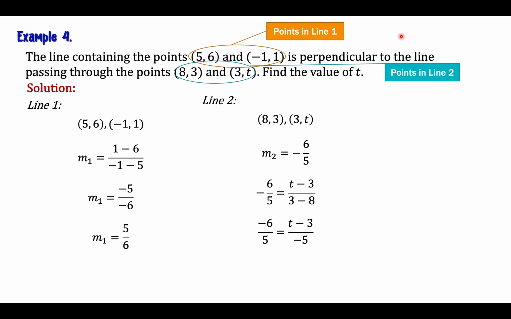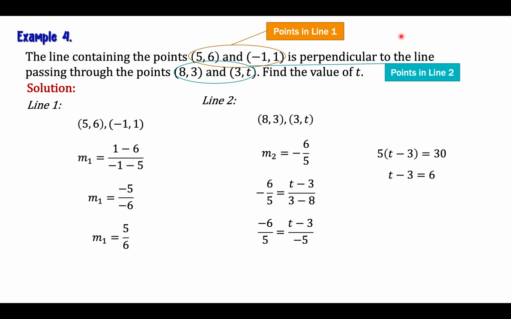By using cross multiplication, we'll have 5 multiplied to t minus 3 is equal to positive 30, because they are both negative. Since both 5 and 30 are divisible by 5, we can divide both sides by 5, and what we will get is t minus 3 is equal to 6.